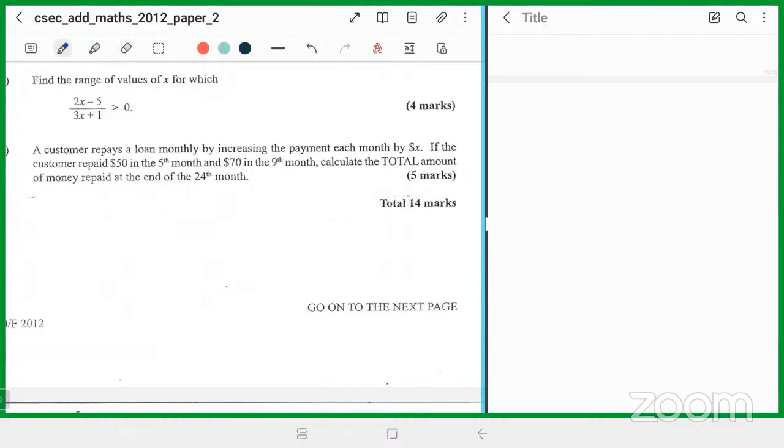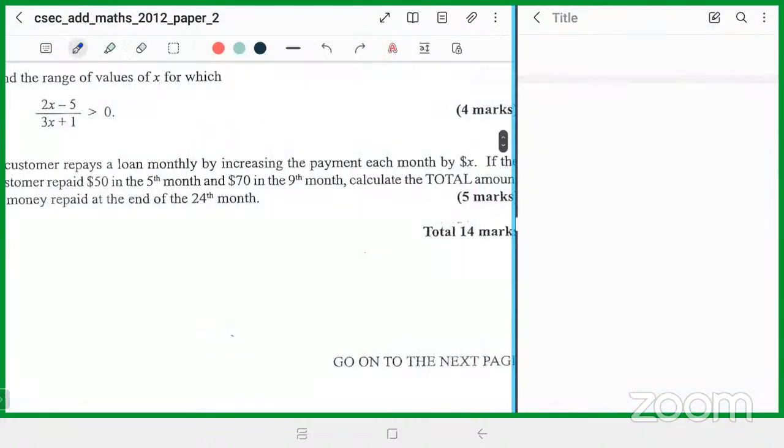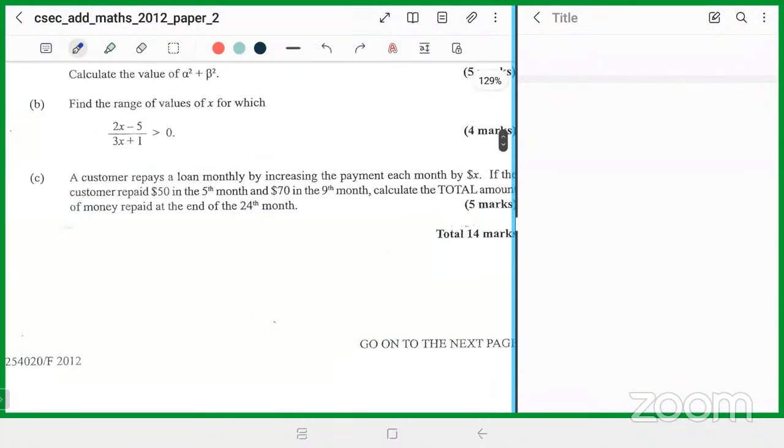All right, this says that he repaid $50 in the fifth month. That means the fifth term is 50. What is the fifth term? The fifth term is A plus 4D.